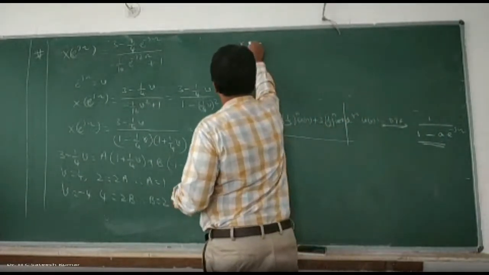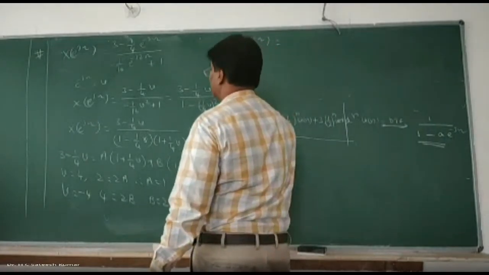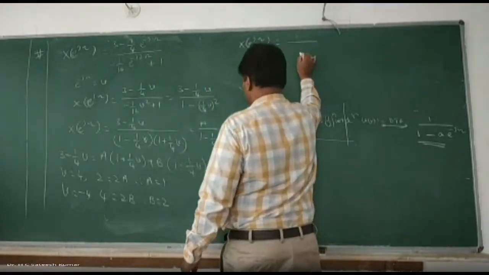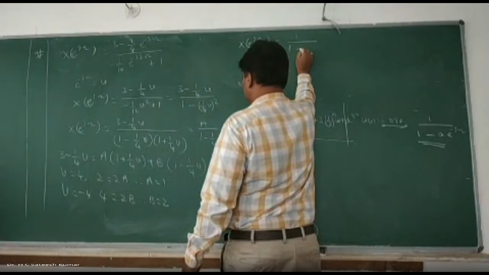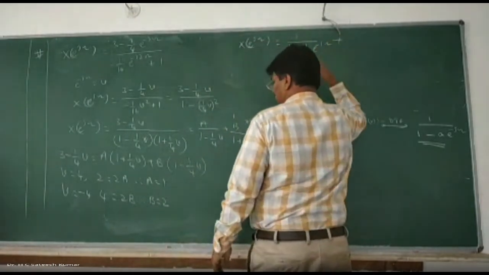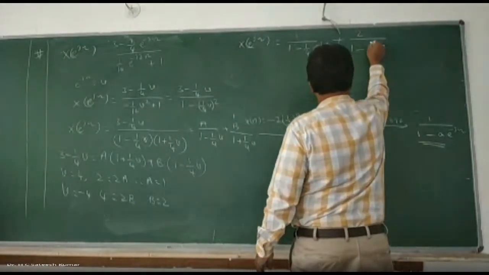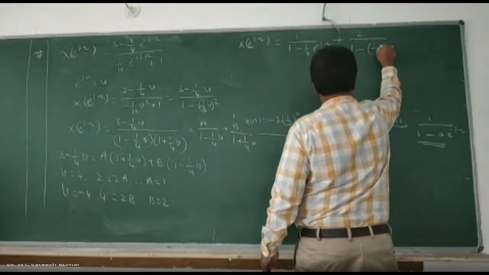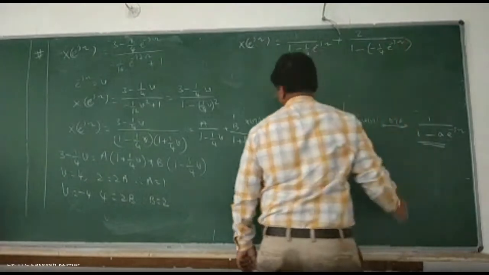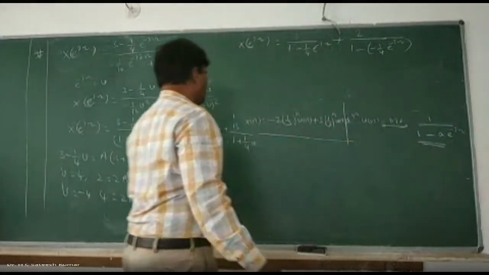Therefore, X of e to the power of j omega is equal to a, which is 1 divided by 1 minus 1 by 4 into e to the power of minus j omega, plus b, which is 2 divided by 1 minus of minus 1 by 4 e to the power of minus j omega. Because we have formula only for 1 divided by 1 minus a. We don't have formula for plus a.